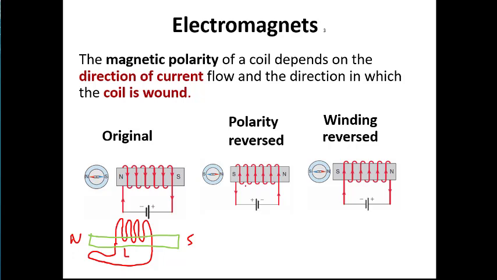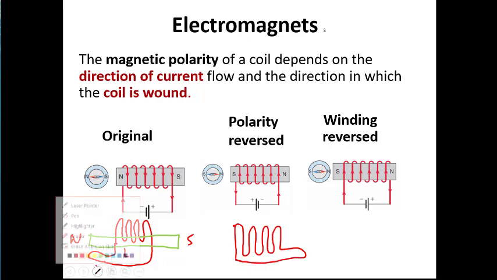For this one, the current goes over first. So if this was our fingers and our thumb, the bar would be behind our finger and our thumb. And so as we put our finger over, our thumb is pointing towards the North Pole.